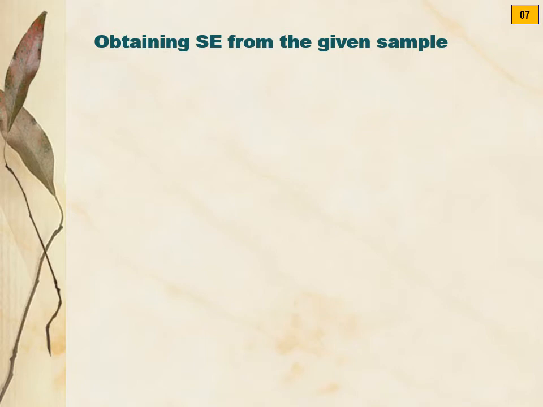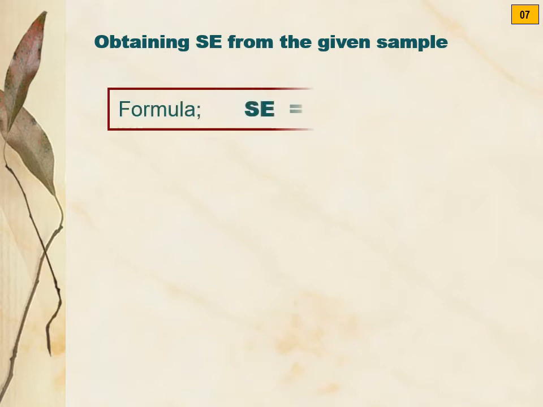Practically, the standard error is obtained from one sample, and it is equal to SD over under root n. You are familiar with the SD, and it is very clear. If you increase n, under root n is in the denominator. Increasing n will decrease the standard error.